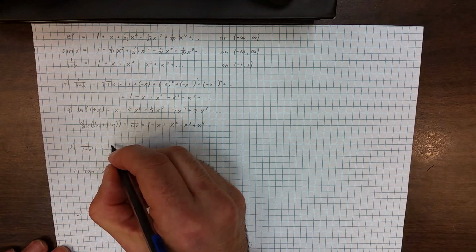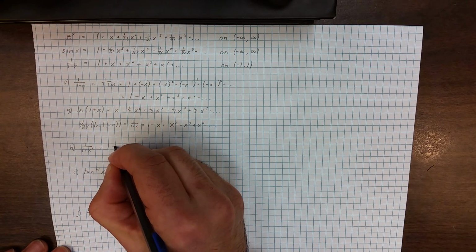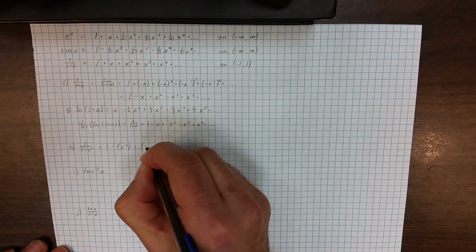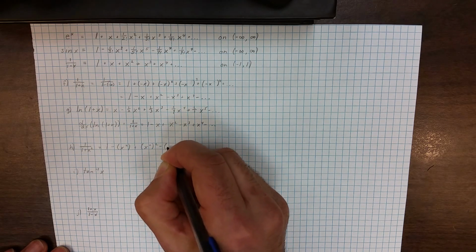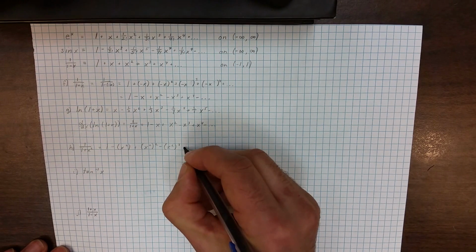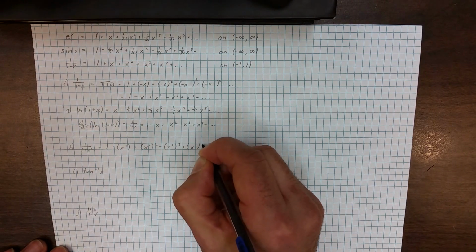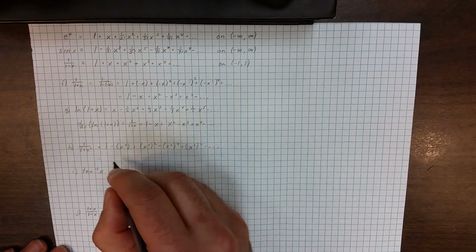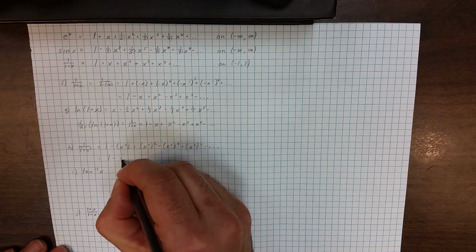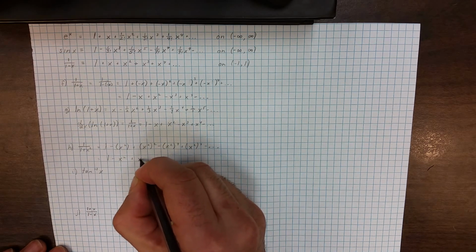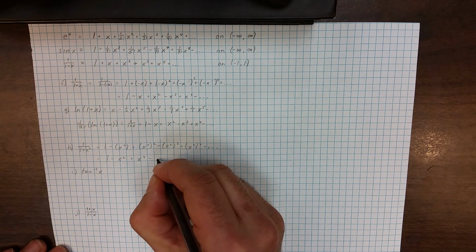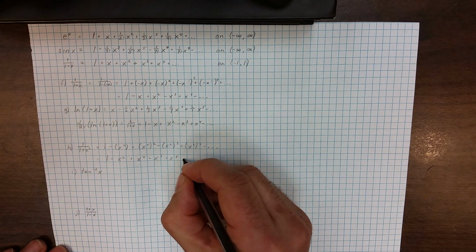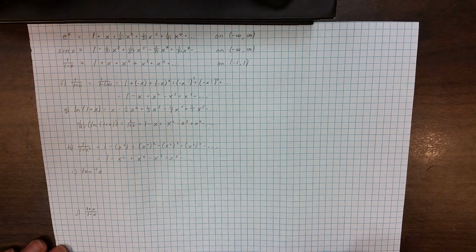So this is equal to 1 minus x squared plus x squared squared minus x squared cubed plus x squared to the 4th power, and so on, and we're left with 1 minus x squared plus x to the 4th power minus x to the 6th power plus x to the 8th power, continuing plus minus plus minus.